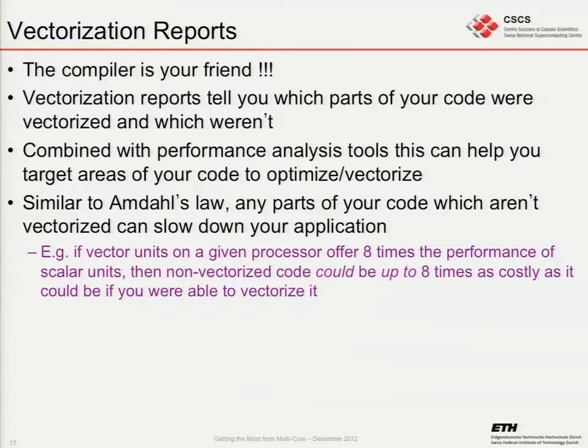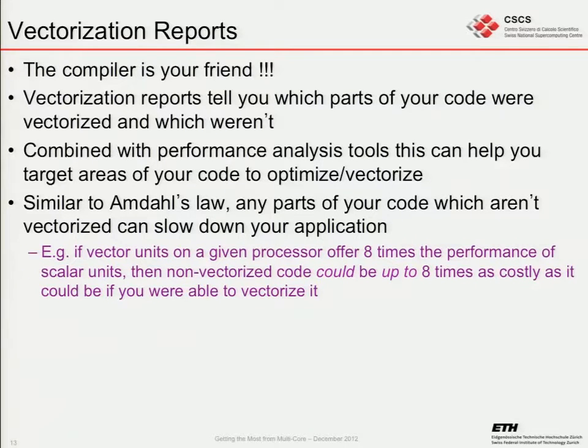But similar to Amdahl's law, because we're parallelizing after all by doing this vectorization, any bits that you don't vectorize will then slowly become the bottlenecks, but not as dramatically as many of the things that we deal with in Amdahl's law. But with 8 times performance, the non-vectorized bits then do become a little bit worse.